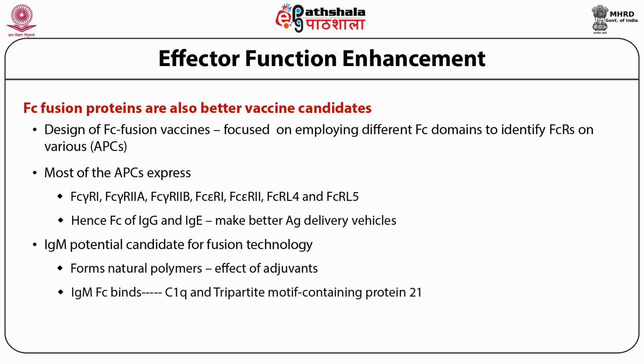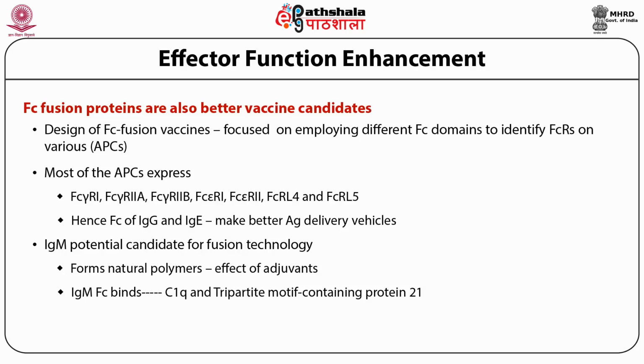So IgM Fc is also able to bind to the complement component, and it is able to bind to tripartite motif containing protein 21 also. So the IgM antibody Fc region is also a very important Fc fusion partner for such application.